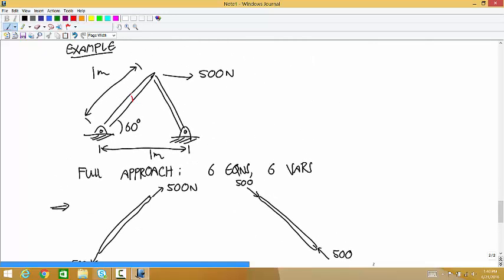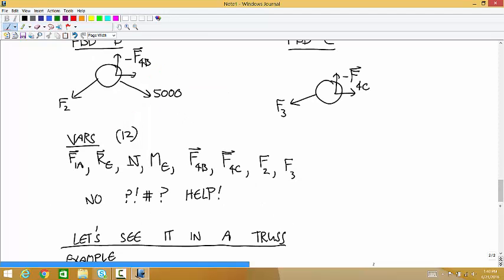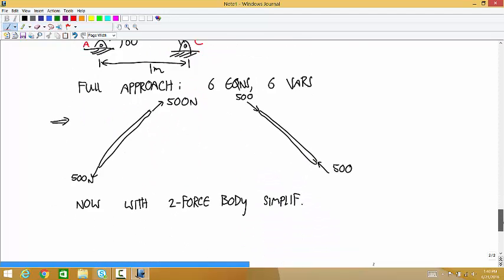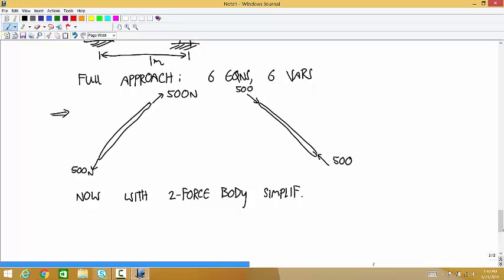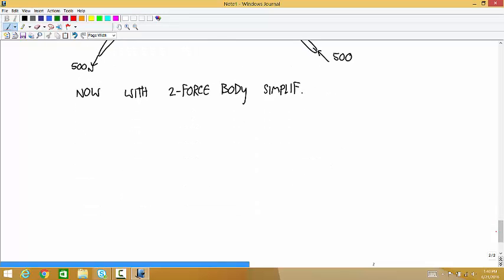I'll call this 1 and this 2. And this is A, B, and C. And so let's isolate the pin at B.